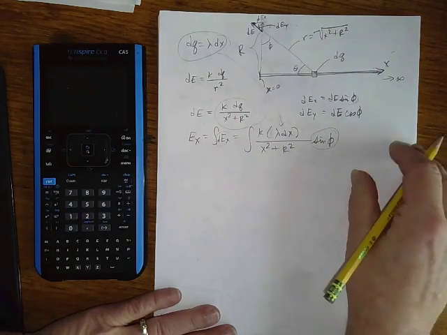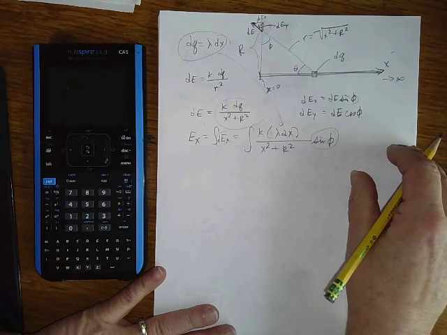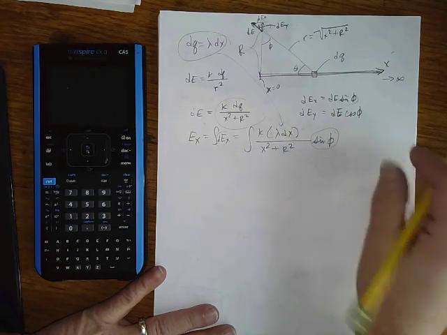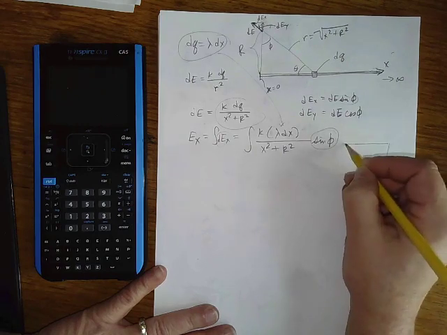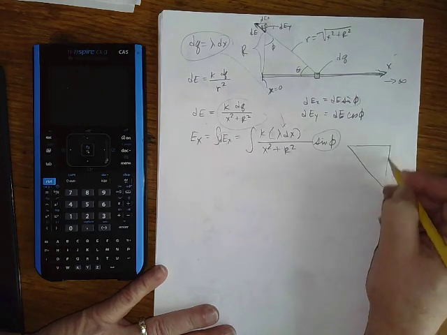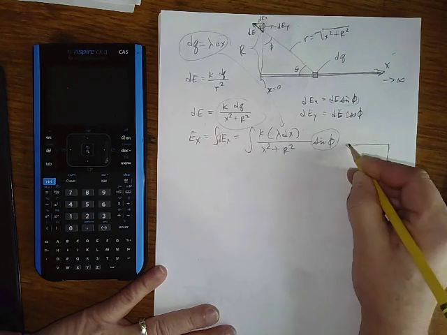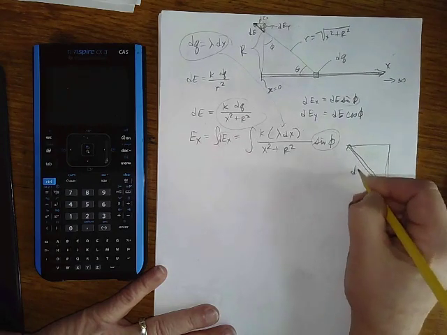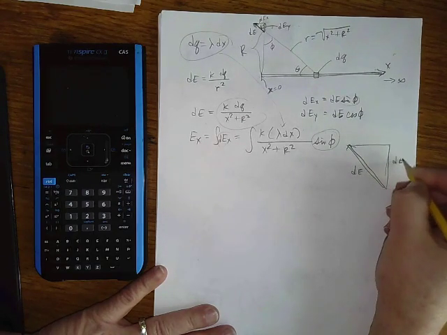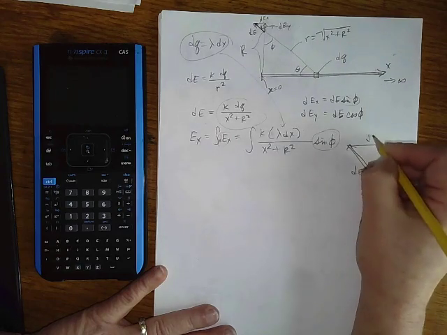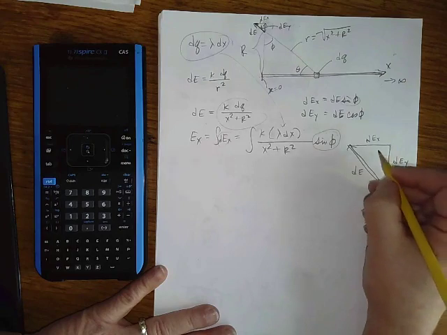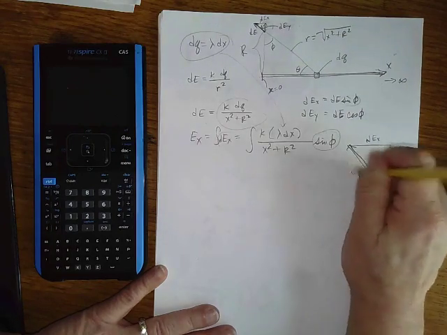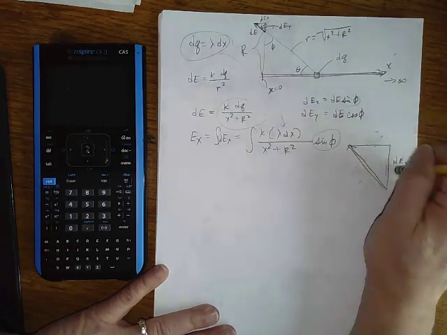So what is sine phi in terms of x and r and all that goodness? I'm going to draw the triangle bigger down in here so we can see what we're doing. Actually, let's look at it in terms of the position variables.